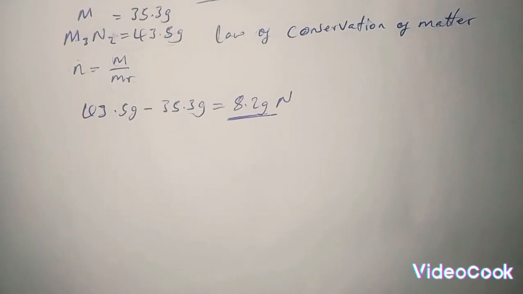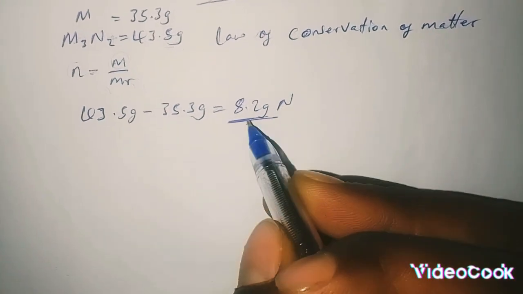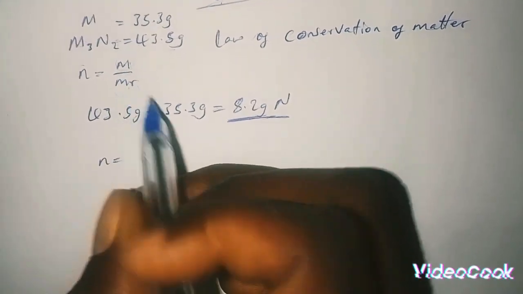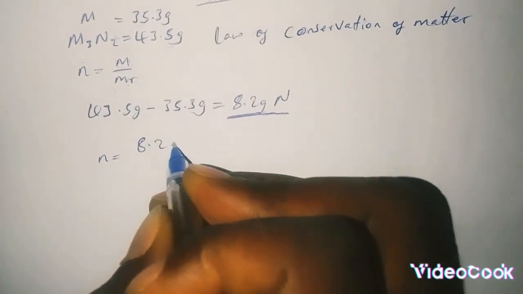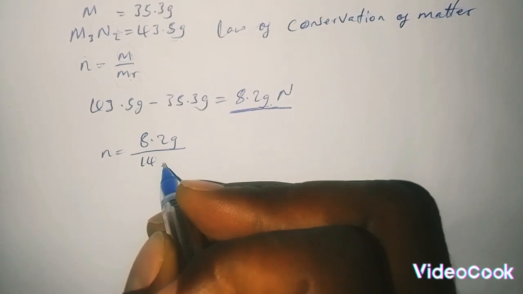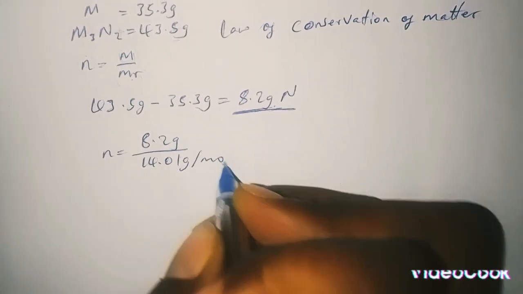Nitrogen. Since we have known the mass of nitrogen, we will go ahead and solve the number of moles of nitrogen. We know that number of moles is equal to mass over molar mass. So our mass for nitrogen is 8.2 grams over the molar mass for nitrogen, which is 14.01 grams per mole.